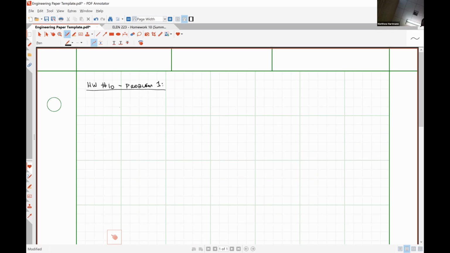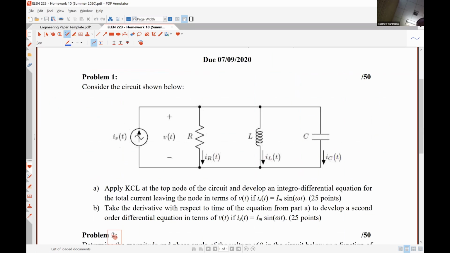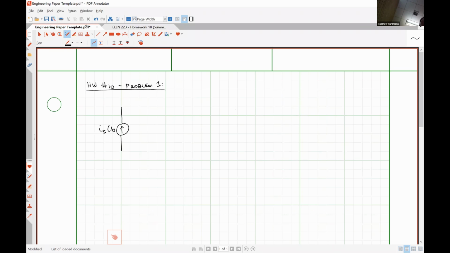So we have a current source, direction up, IS of t, and then an RLC.